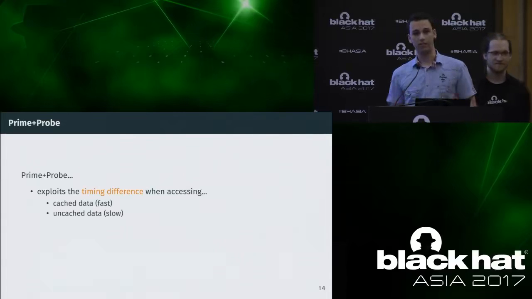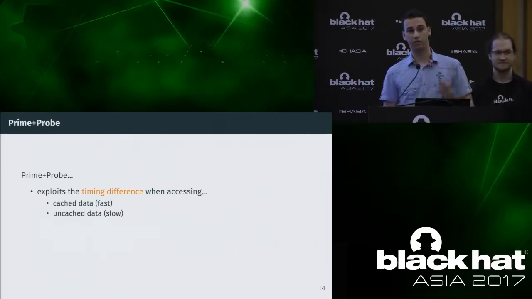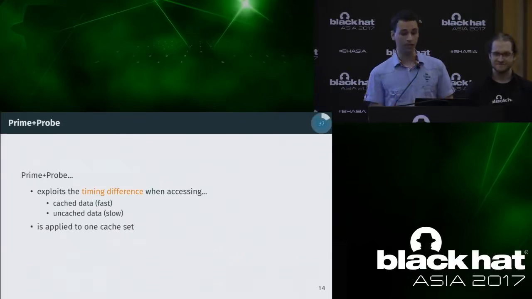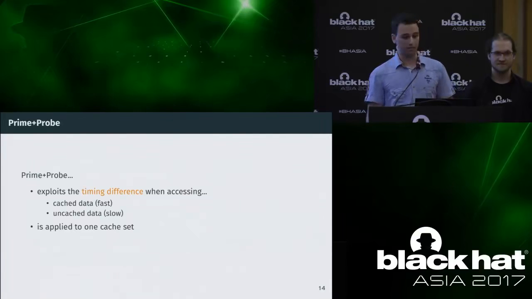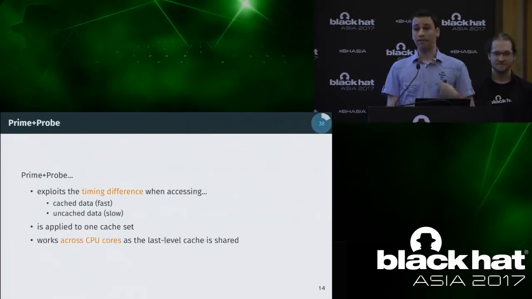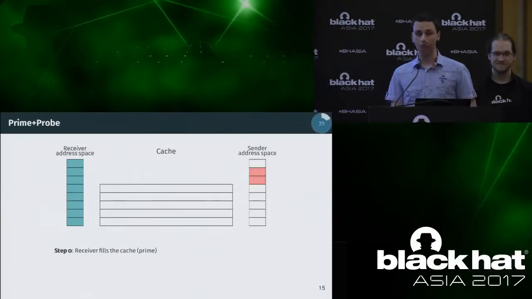We can clearly see a timing difference if data is in the cache or not. With prime and probe, we are able to monitor exactly one cache set and the activity in it. The nice thing about the attack is that it works on the last level cache, which is shared among all the CPU cores, so it works across CPU cores. We don't have to be on the same core.